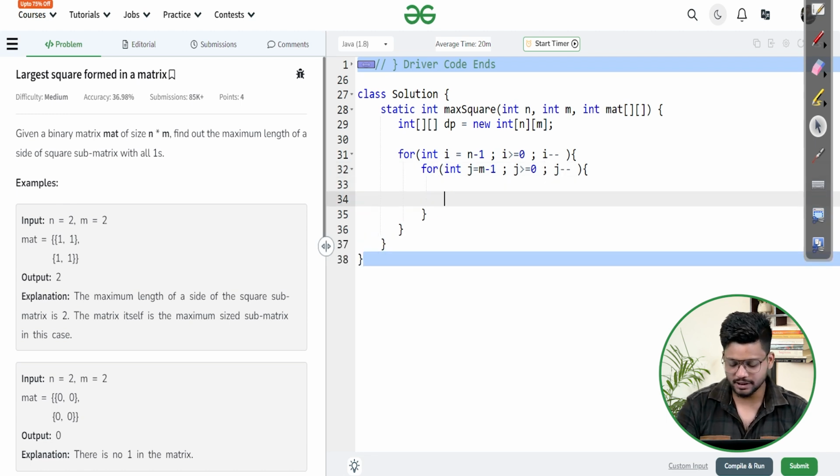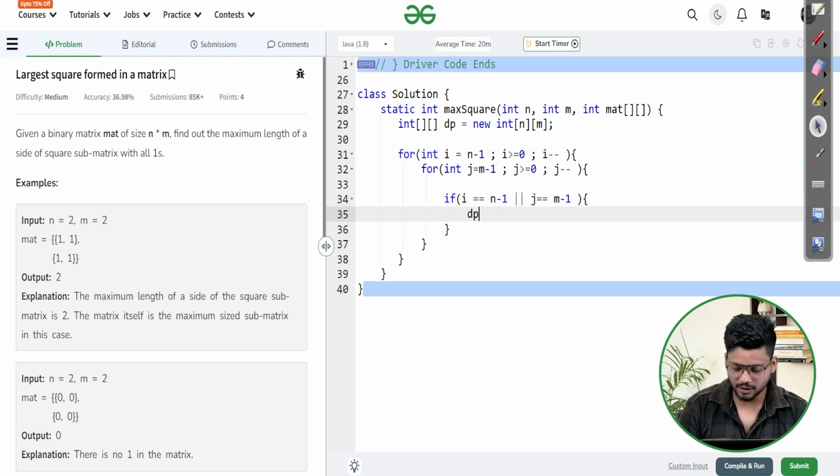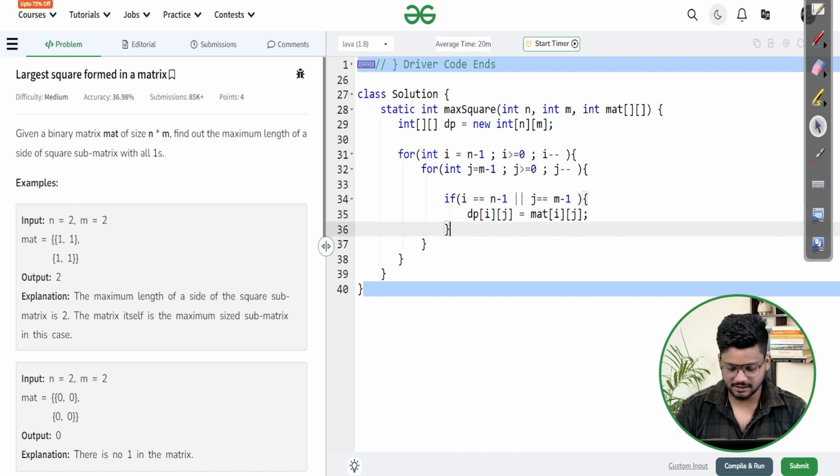And then we have already discussed the situations. So if i equals to n minus 1, that is the case for the last row, or j equals to m minus 1, so these rows are going to get the value as dp of i j is going to have the value of matrix of i j. Okay, so these are the cases.